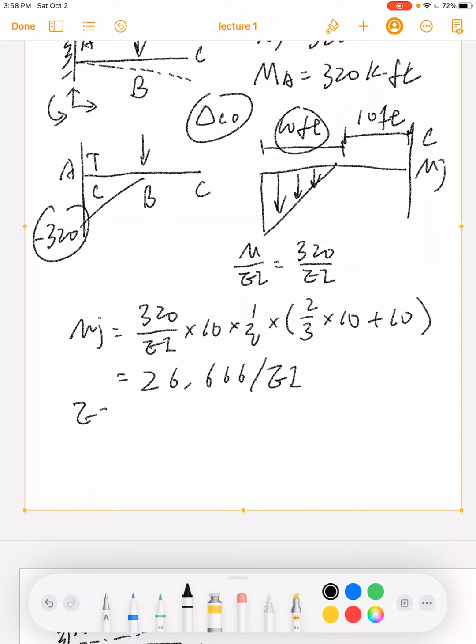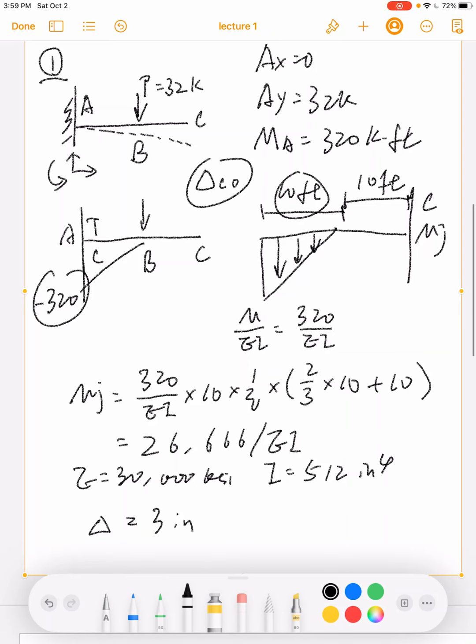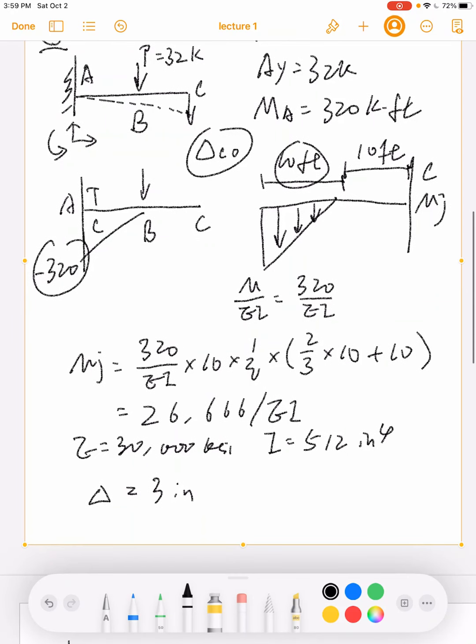In this example, E is 30,000 ksi. I is 512 inches to the power of 4. So the deflection, delta, I have is 3 inches. The deflection should be downward. But let's look at how we can get that conclusion from the conjugate beam method.